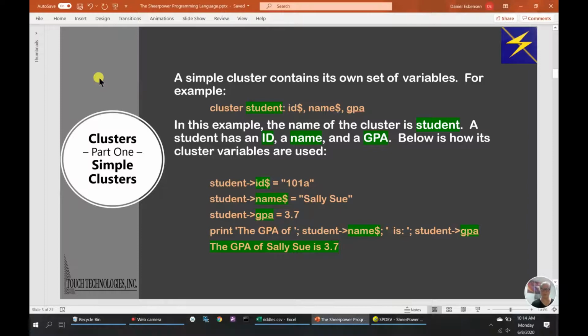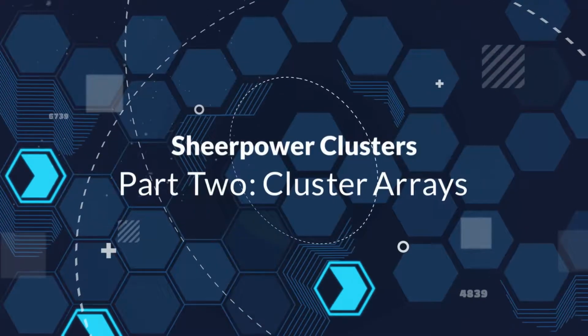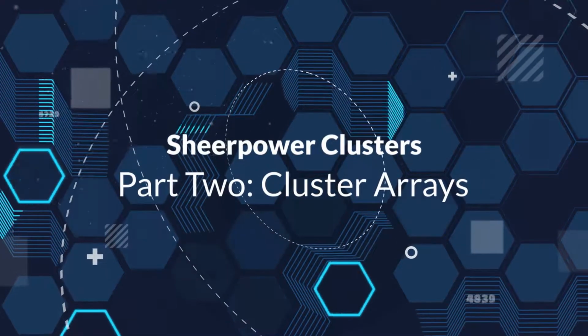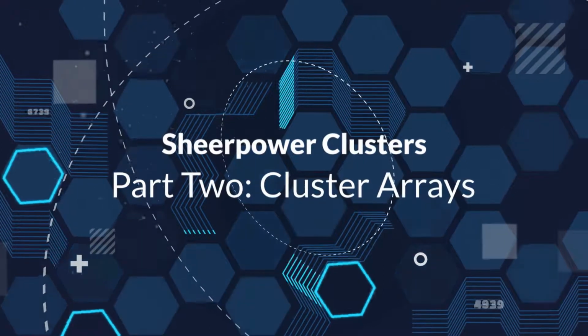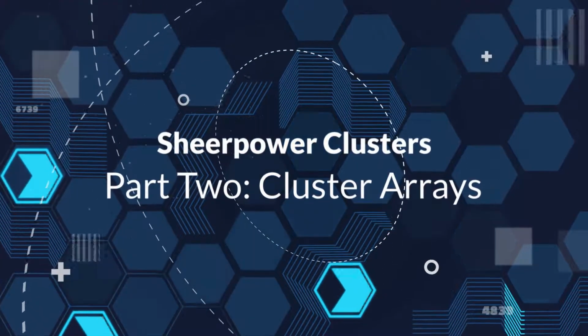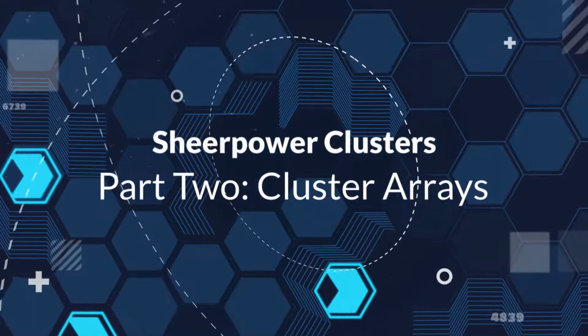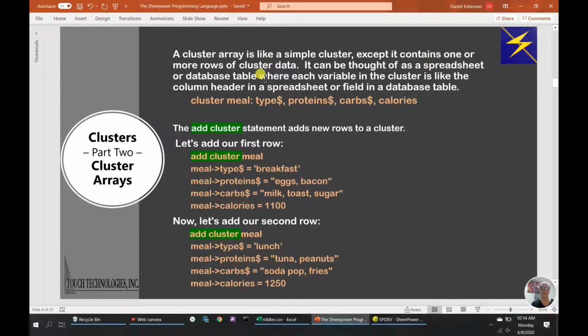Now in addition to these simple clusters, we also have cluster arrays. And cluster arrays are super nifty. A cluster array is kind of like a simple cluster, except it has one or more rows of cluster data. You can kind of think of it like a spreadsheet or a database table where every variable in the cluster is like a column header in the spreadsheet, or a field like in a database table.